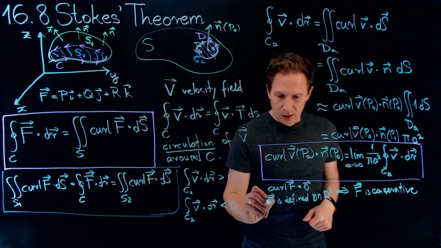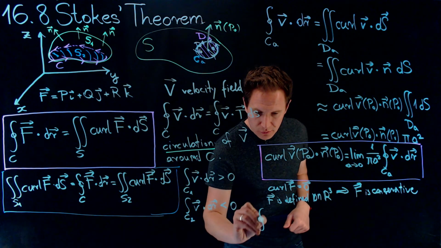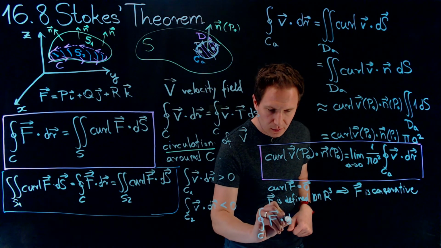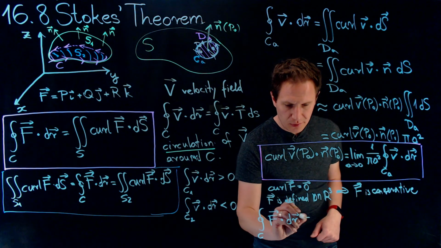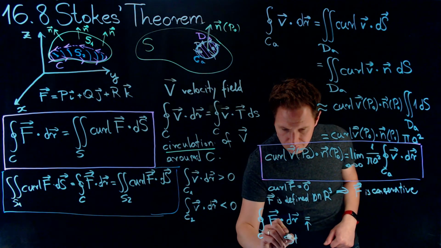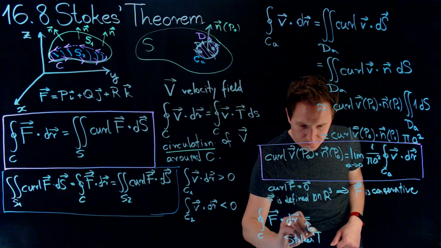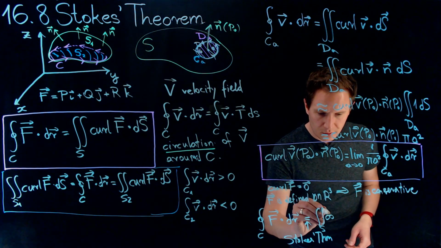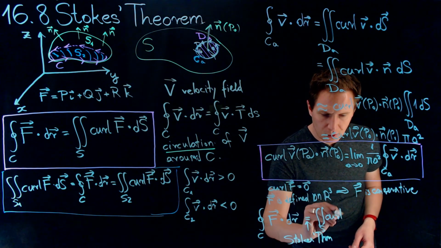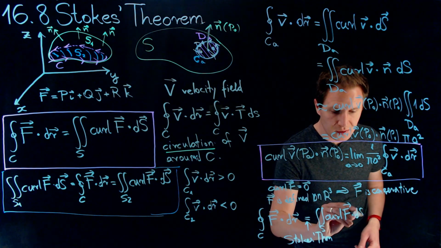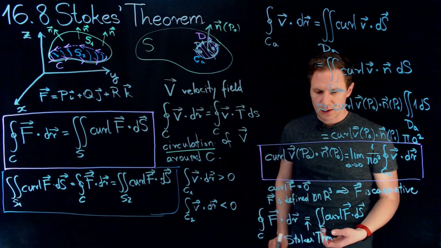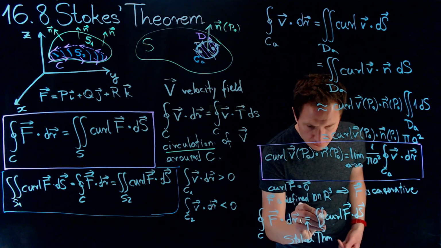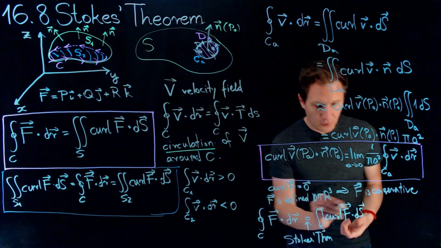Okay, so take any closed curve C and compute the line integral of our vector field along that closed curve C. Well, because of Stokes' theorem, this is equal to the surface integral of the curl of F across any surface whose boundary is that curve C. Okay, so all we have to do now is use the fact that the curl of F is 0.